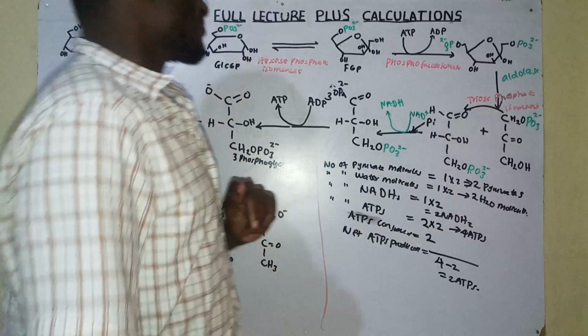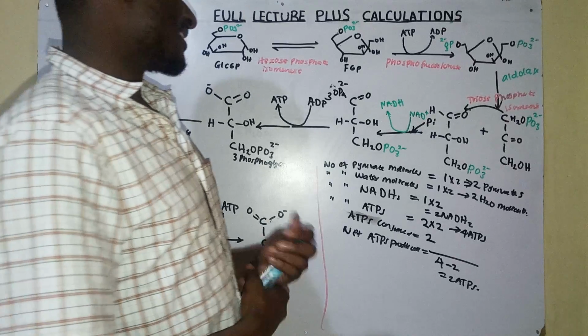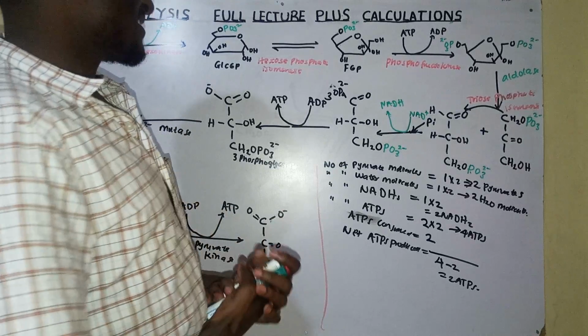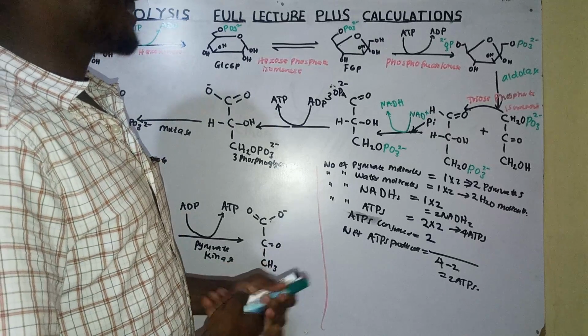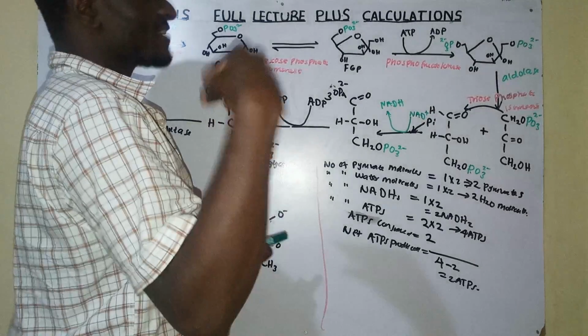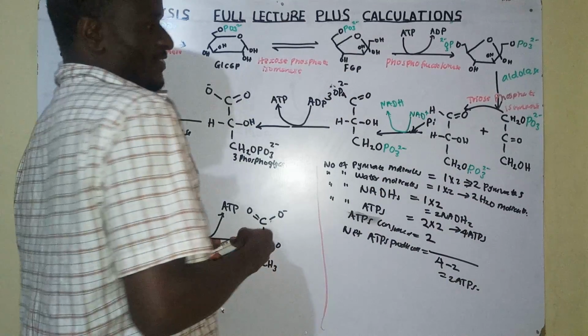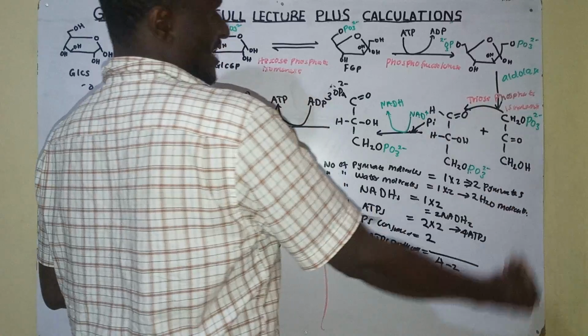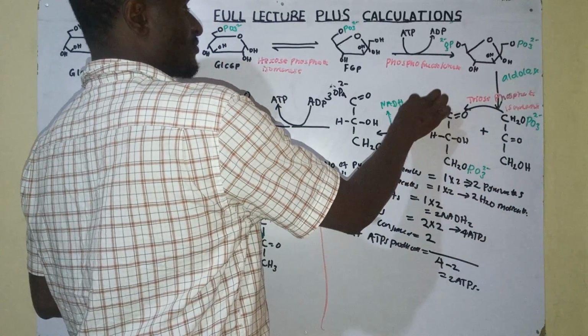So our next step is step number 6. We said it is facilitated by glyceraldehyde 3-phosphate dehydrogenase. And the role of a dehydrogenase enzyme is to facilitate redox reaction. So in this case, it transfers the hydrogen atom from glyceraldehyde 3-phosphate onto NAD to form NADH.